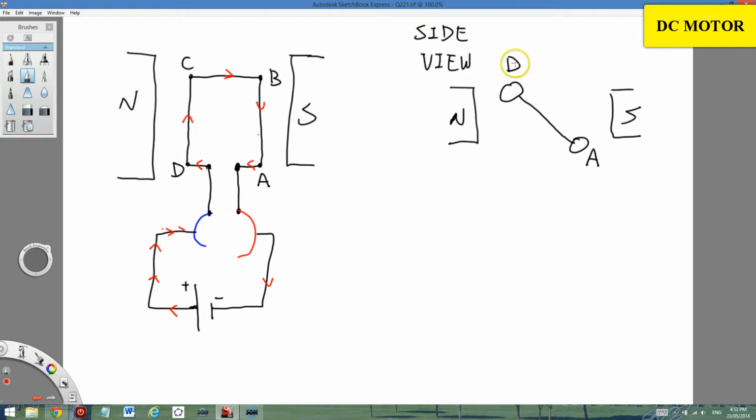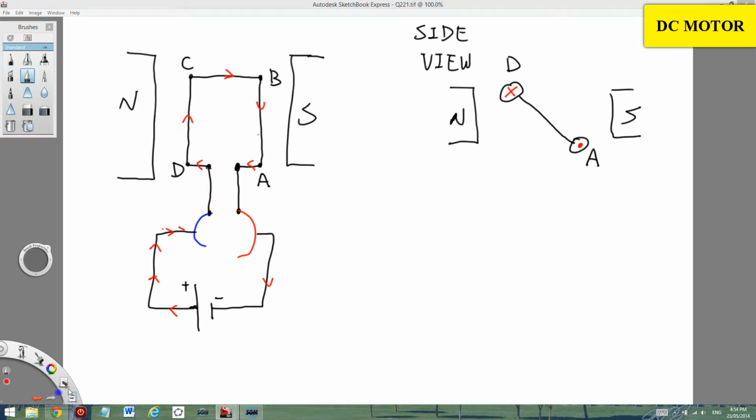So once the line CD moves to the left, at point D the current again is going into the page and comes out of the page at A.